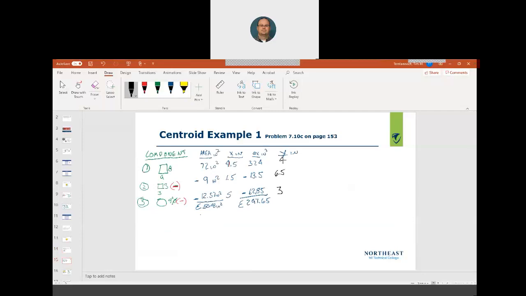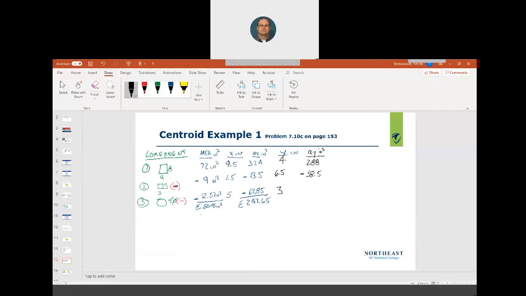Now we're going to take A times y, and that'll be inches cubed. So we take the area, again, 72 times 4, that's 288. We take a negative 9 times 6.5, that's negative 58.5.